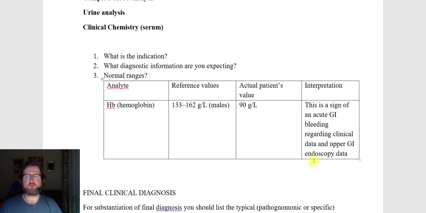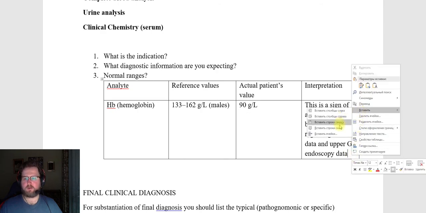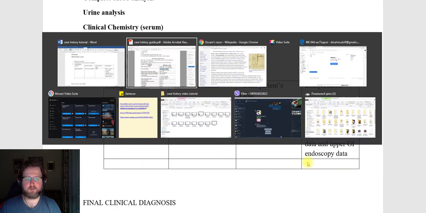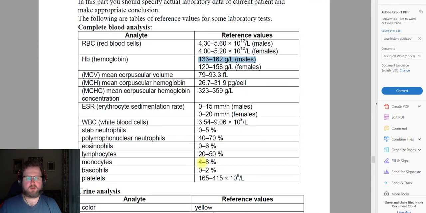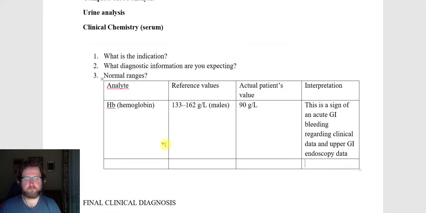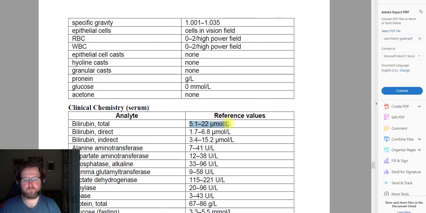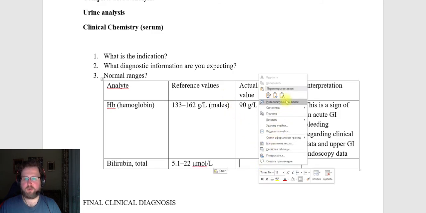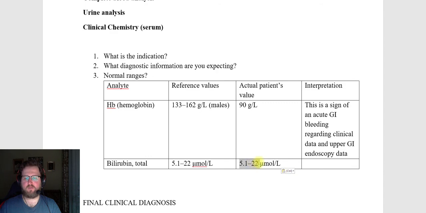If the range is normal, you can just leave this field blank. For example, if we're talking about total bilirubin, the actual patient's bilirubin in case of acute appendicitis will be absolutely normal.